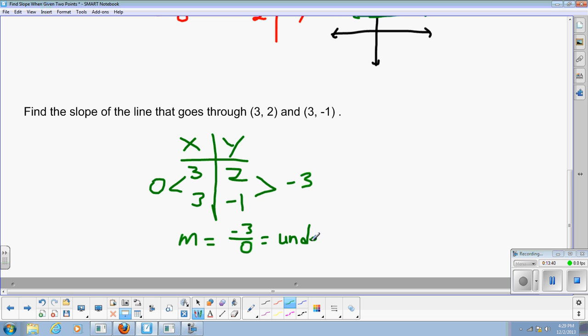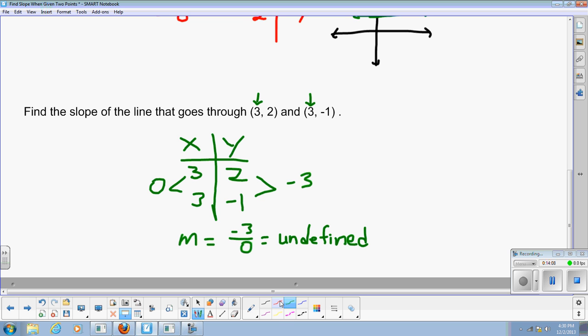You're up and down. Undefined. It's called an undefined slope because when you try to calculate it, you have a 0 on the bottom of your slope to calculate with, and you cannot divide by 0. So we say a slope of a vertical line is undefined. My apologies, vertical line. Why is it vertical? What do you see right here? Anytime the x numbers are the same, it's undefined.